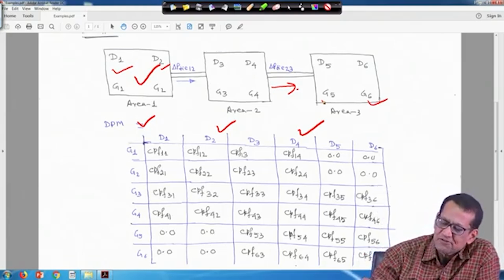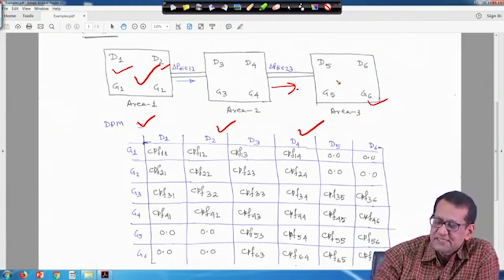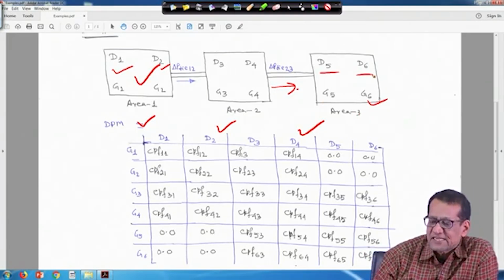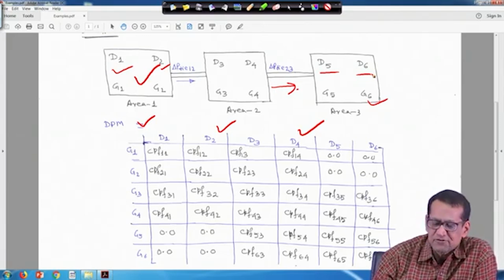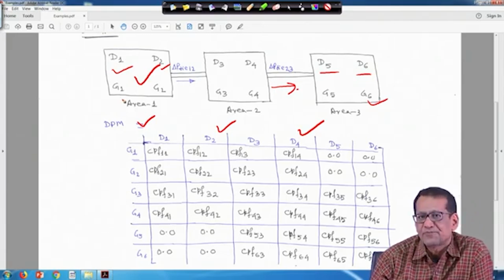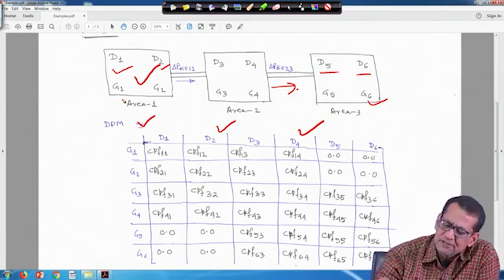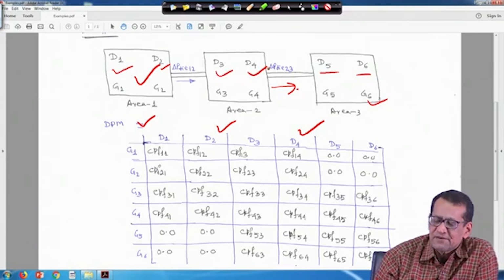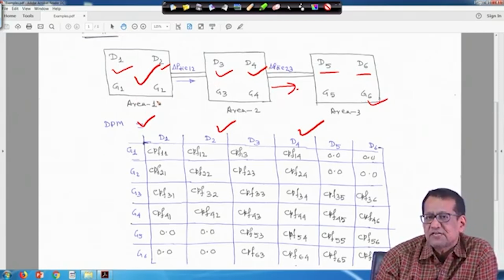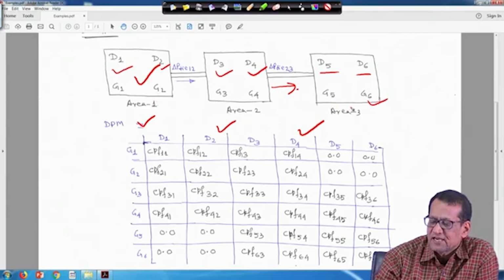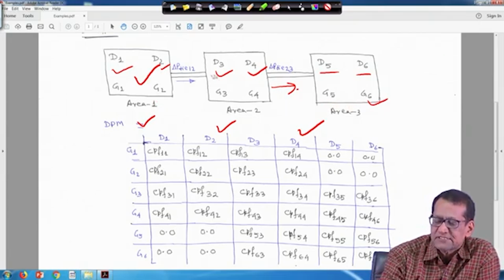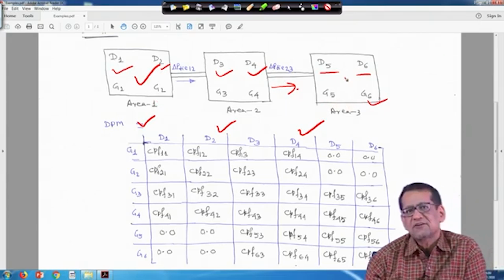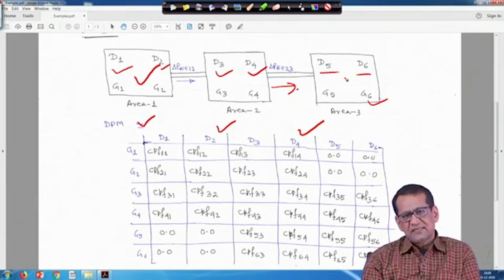Similarly, the DISCOs in area 3, that is D5 and D6, cannot have any contact with GENCOs in area 1, that is G1 and G2, right. But DISCOs in area 2, that is D3 D4, can contact GENCOs in area 1, that is G1 G2, or GENCOs in area 3, that is G5 G6, because this side also is connected, this side also is connected by the tie line, right.